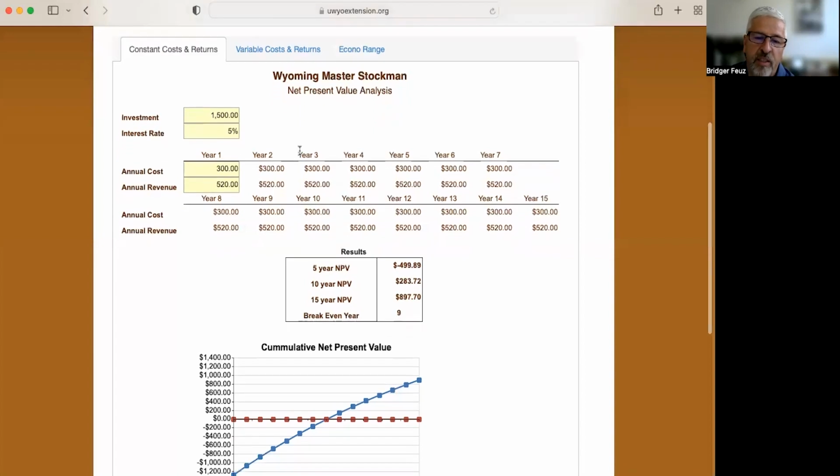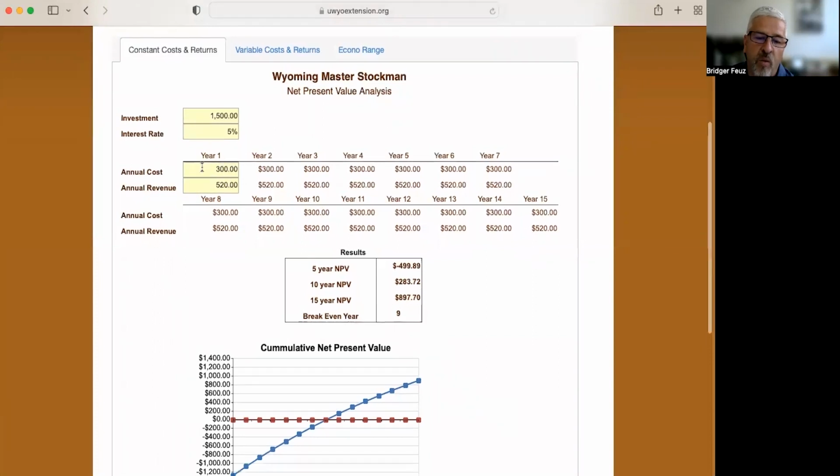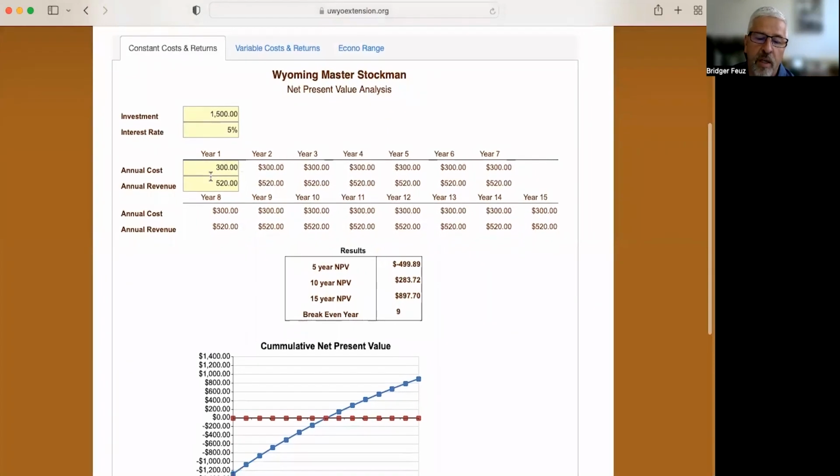So the next thing that you enter, you need to figure out what your annual costs are going to be to run your center pivot. In this example, they're $300 an acre. And then figure out what the revenue will be on that center pivot. How much additional hay will you get on this acreage?